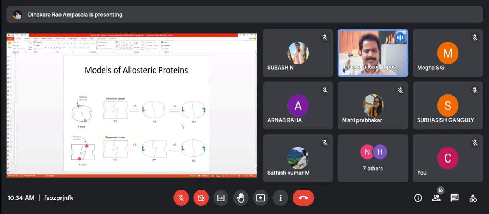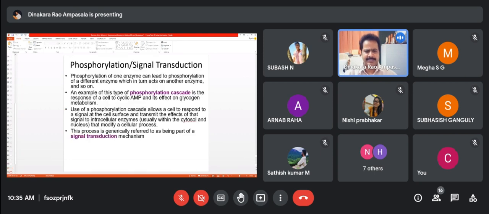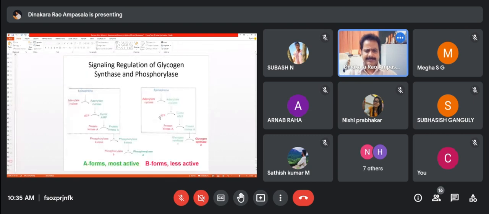These are the models Koshland and colleagues gave for allosteric activators. Enzymes can also be activated or controlled by covalent modification, as I said, like phosphorylation at a phosphorylation site. You will see this later in metabolic activities.